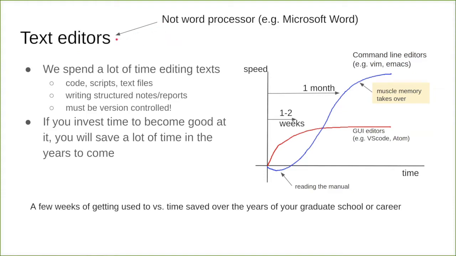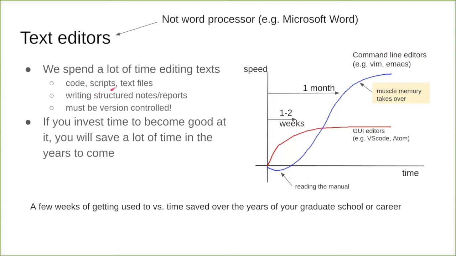one important thing to notice is that a text editor is not a word processor. By word processor, I mean something like Microsoft Word or something equivalent, right? So they are different. In text editors, you edit plain text, right? And all of the programs or scripts or text files, maybe the source of your papers, are mostly written in plain text files.